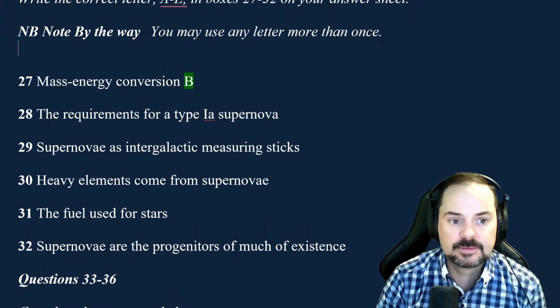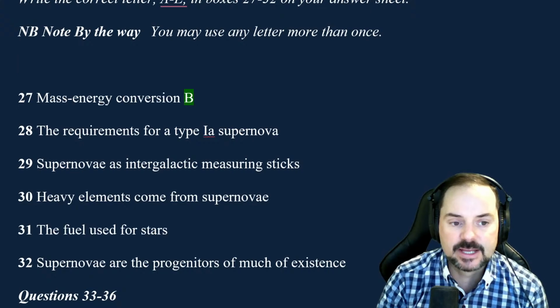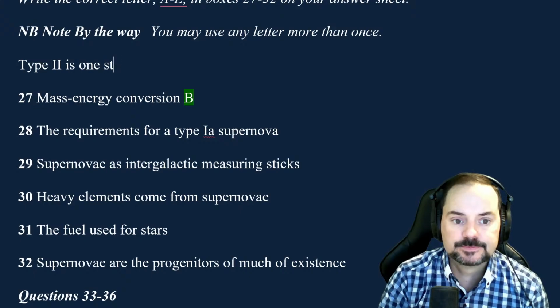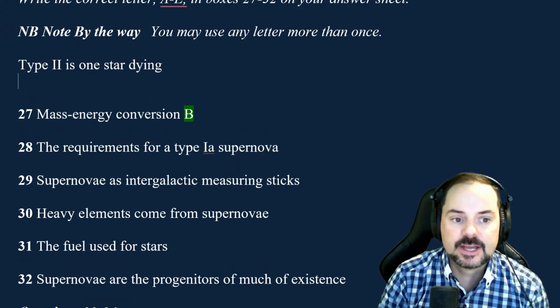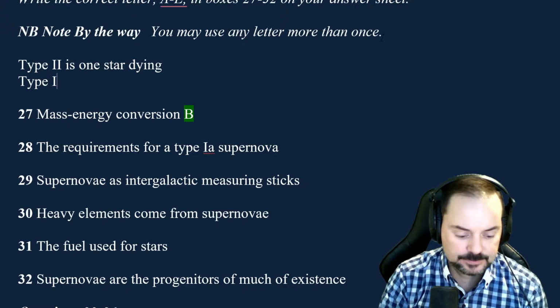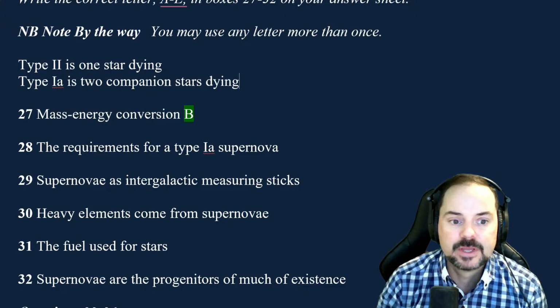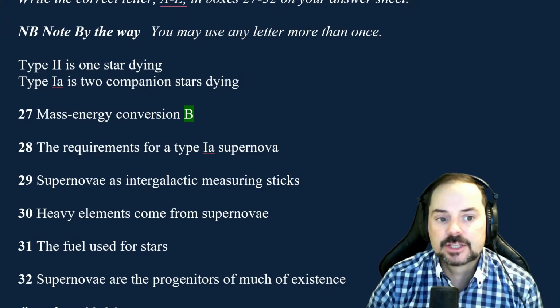You should keep in mind when you read this passage that type 2 is one star dying, and type 1A is 2 stars dying, 2 companion stars dying, right?